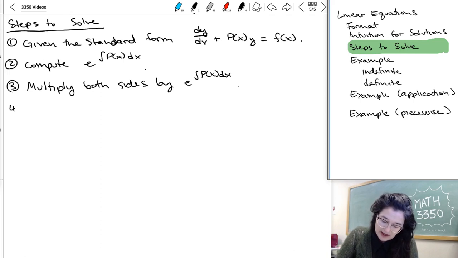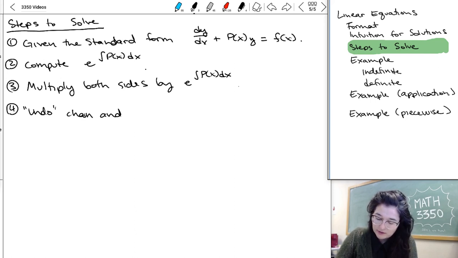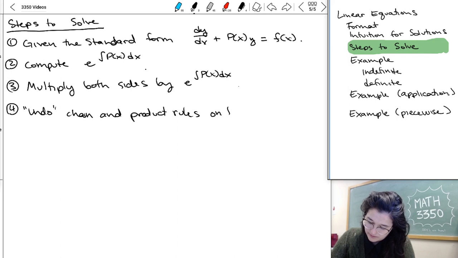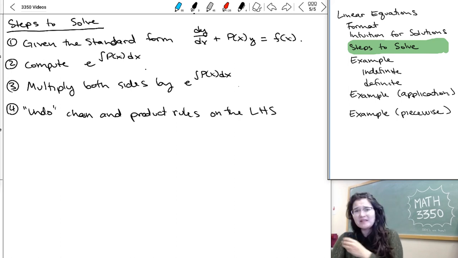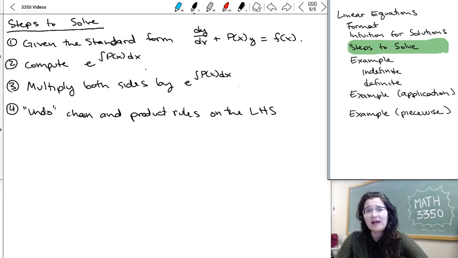And after we do that, we have to sort of undo the chain and product rules on the left-hand side of our ODE. It's those same steps we worked through in the intuition part of the last video.